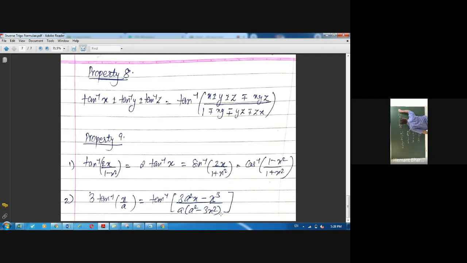So this will become 1 minus x square upon 1 plus x square. So I hope you'll be able to remember by comparing it with your already known trigonometric formulas. You already know the trigonometric formulas, so I have just made you write these formulas on the basis of what you already know. So now we are done with the properties.